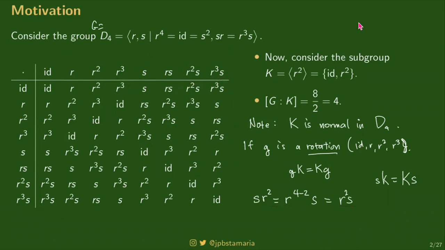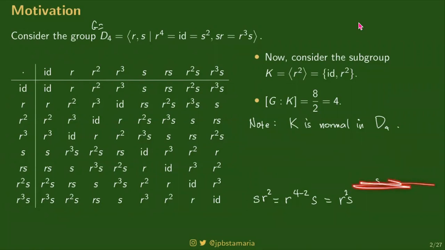So, now, would you agree with me when I say that R squared commutes with everyone? So therefore, because R squared commutes with everyone, lahat ng left cosets ng K, magiging parehas lang sa right cosets ng K. Do you agree? Sige.